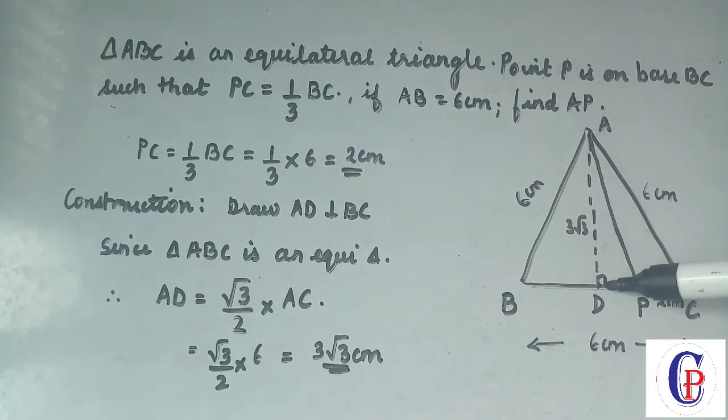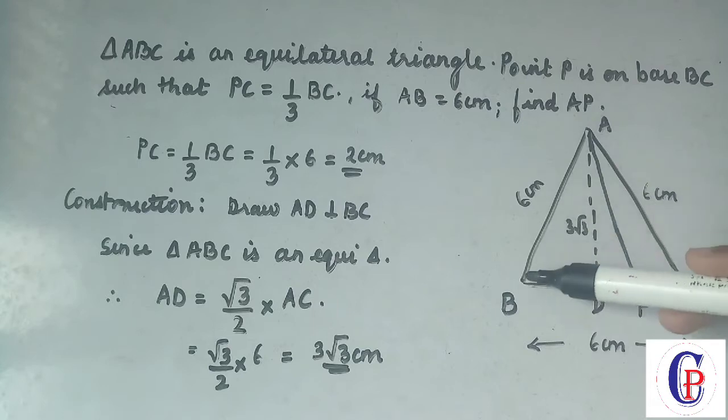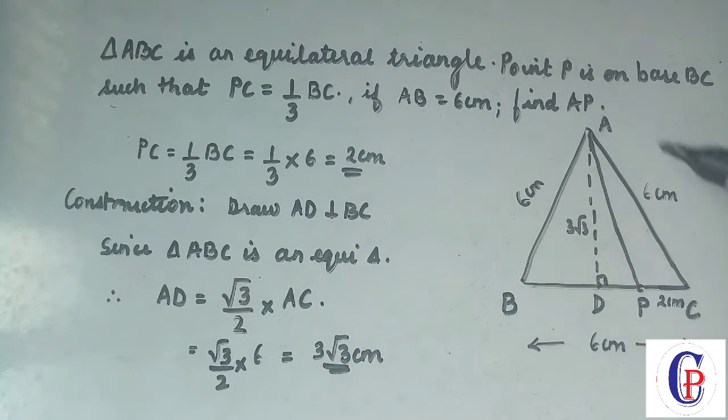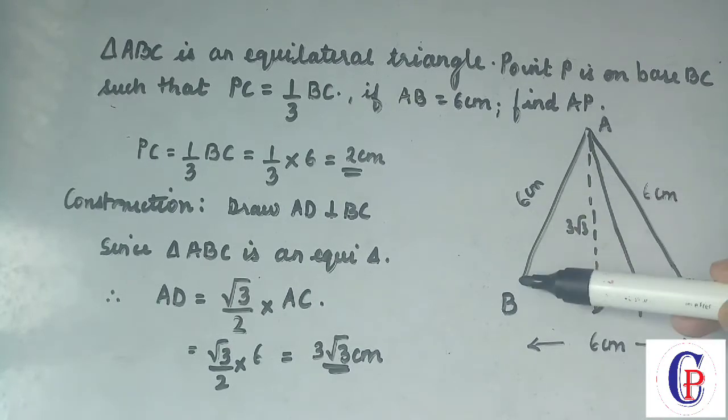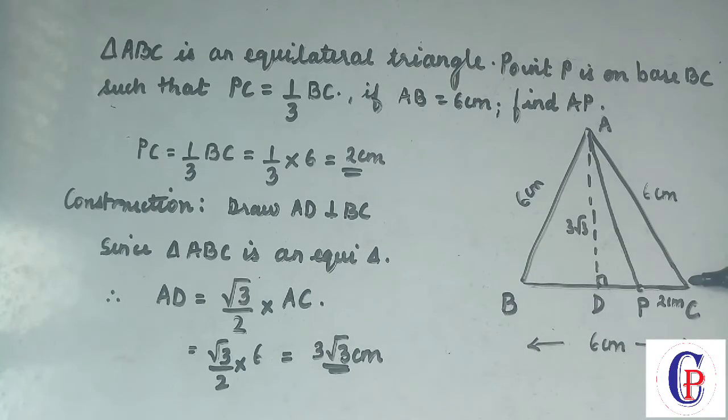I have drawn a perpendicular, and these points B and C are at equal distance from A. This 6 and this 6. Okay, this is a perpendicular. We do not know whether it is a bisector or not. It is just a perpendicular, and this point A is at equal distance from B and C. So by the perpendicular bisector theorem we can say that BD is equal to DC.